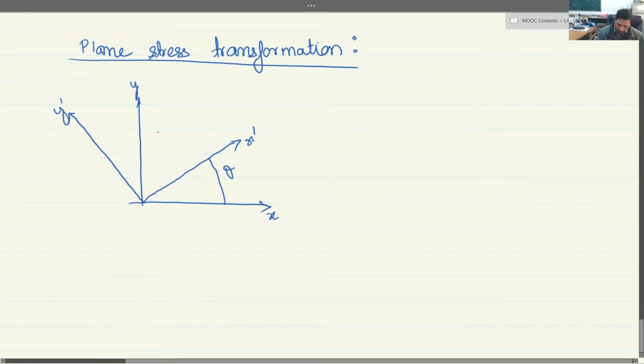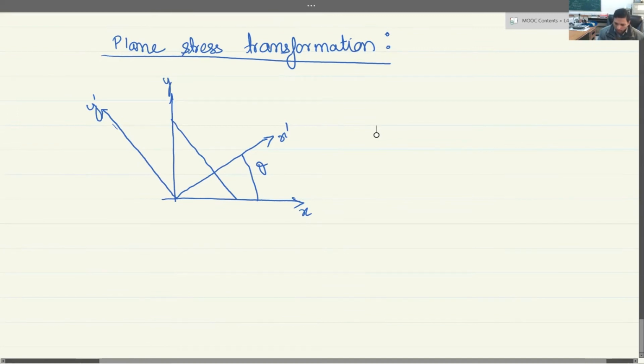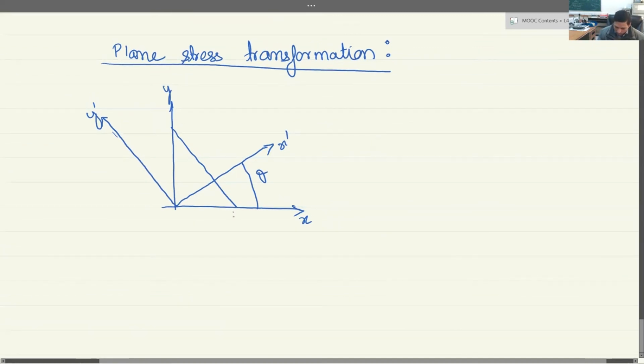So if this is theta, then basically this is normal parallel to the y direction. In the original xy you had, this is also sigma y, and this has sigma xy, this as sigma x, and this has sigma xy.